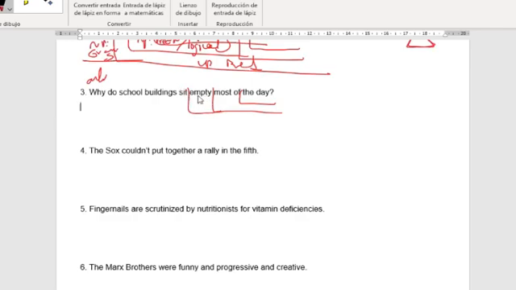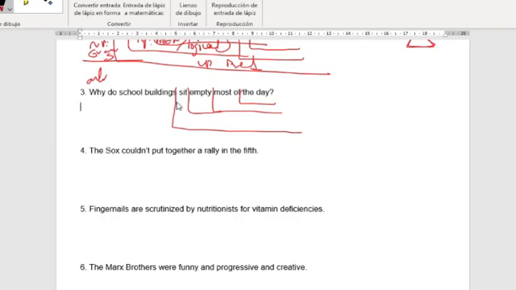Okay. So you have adverb, adverb, adverb. This adverb actually belongs here, right? So school buildings. Sit. Verb phrase. What is sit? Verb phrase. Present.